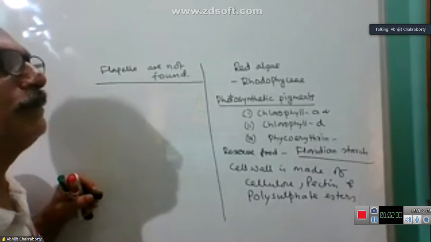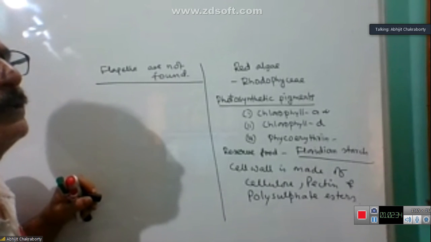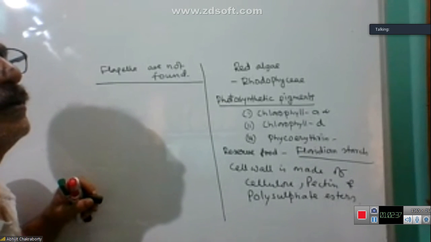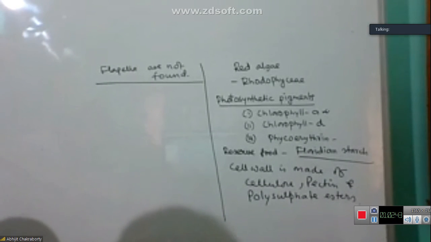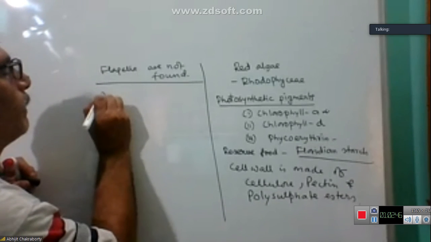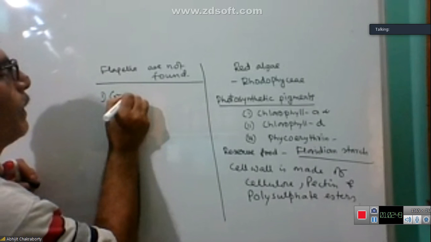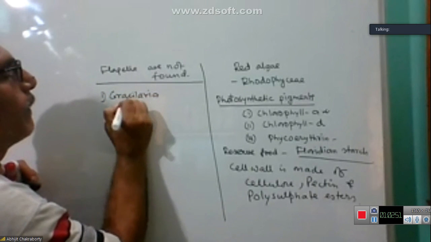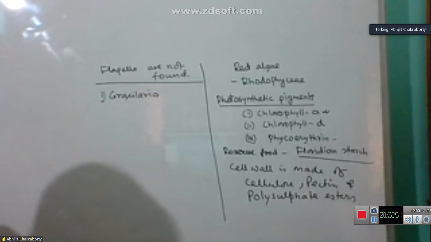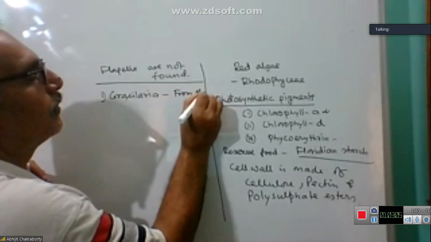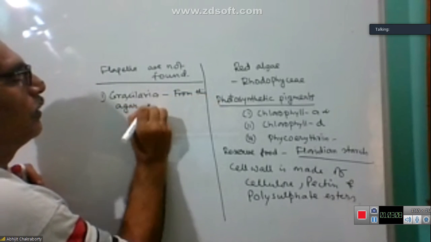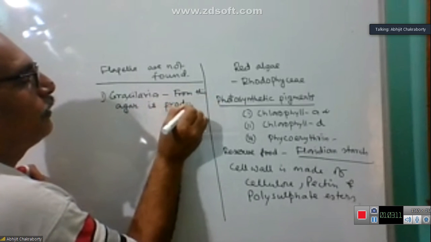Another important thing in red algae is that some specific species are found, like Gracilaria, the most important one. Agar is produced.